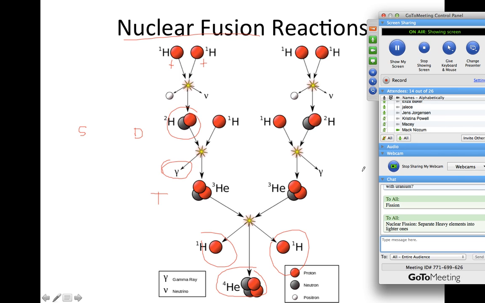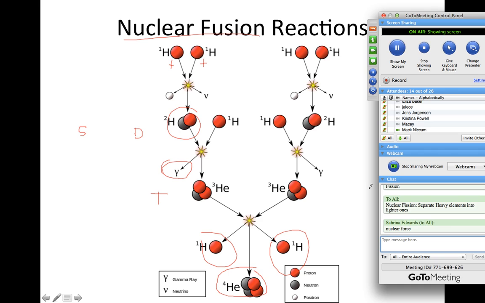Your microphones are on, so you can talk or you can chat. What was the name of the force that holds the nucleus together? Yeah, nuclear force, but it has a special name because there are two. It's called the strong nuclear force, okay? I was getting there.